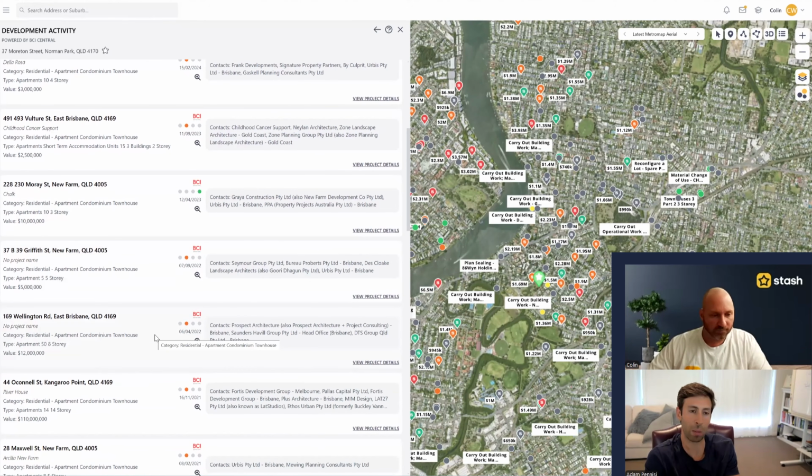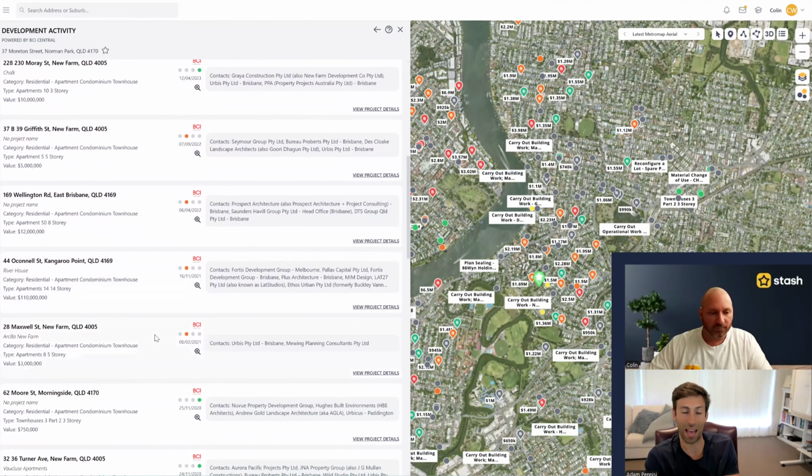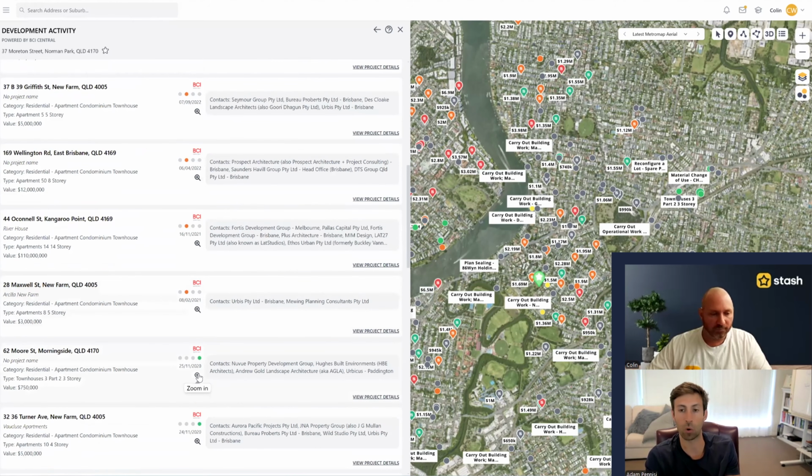When new stock comes on market and it's priced at a premium and people pay a premium, which they are at the moment for new properties, it ends up lifting or raising the value of all the old houses.